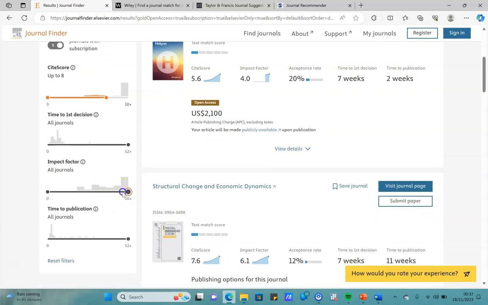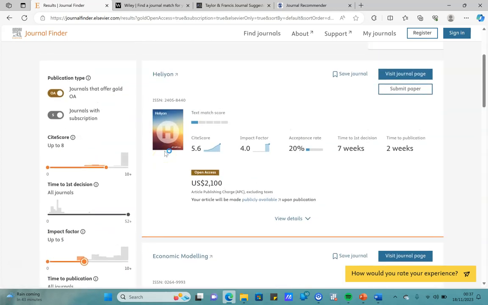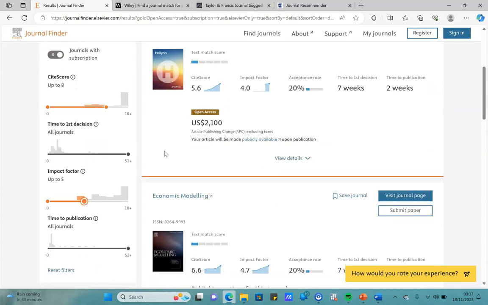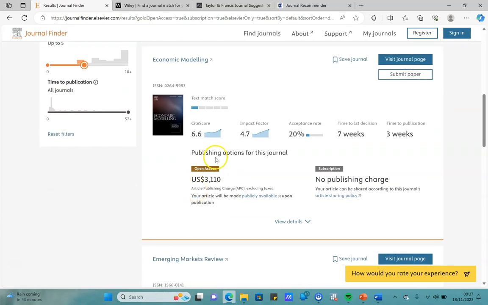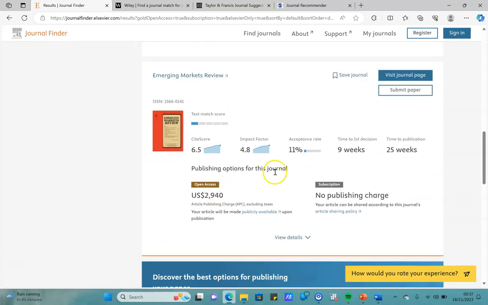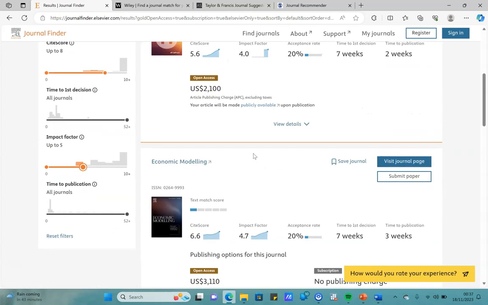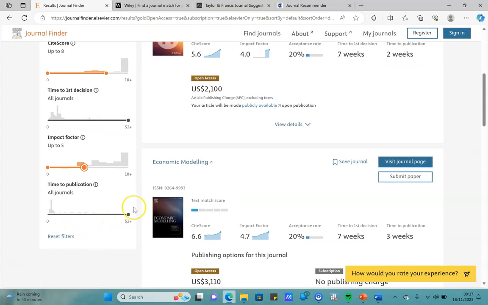I can adjust for the impact factor. If you are a little bit intimidated and don't want to go for a very high impact factor journal, you can go to journals which are a bit lower in terms of impact factor. Yeah, and also the time to publish.